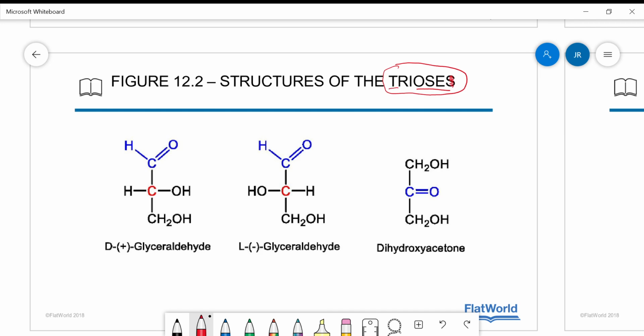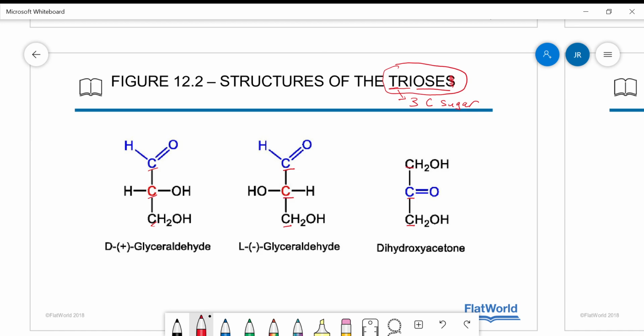And tri means 3, so it's a 3 carbon sugar. 1, 2, 3, 1, 2, 3, 1, 2, 3. So these are all trioses because they are sugars that contain 3 carbons.